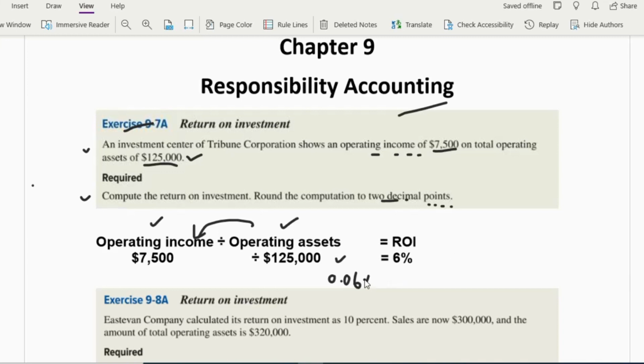So this was 0.06 multiplied by 100, so return on investment for this investment center is 6%. So it means by utilizing the assets of $125,000, the company has generated a return of 6%.